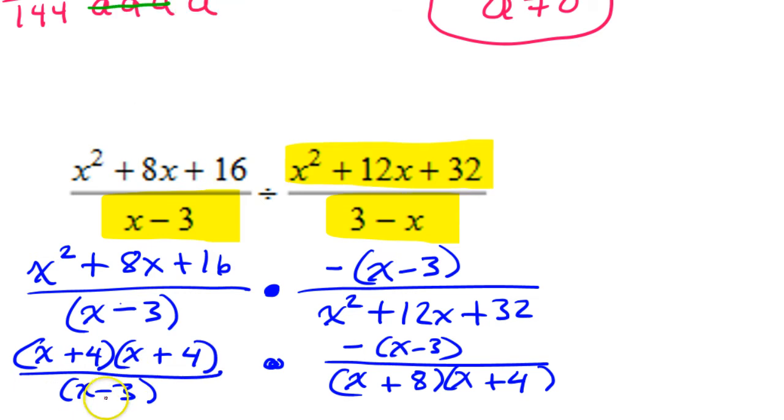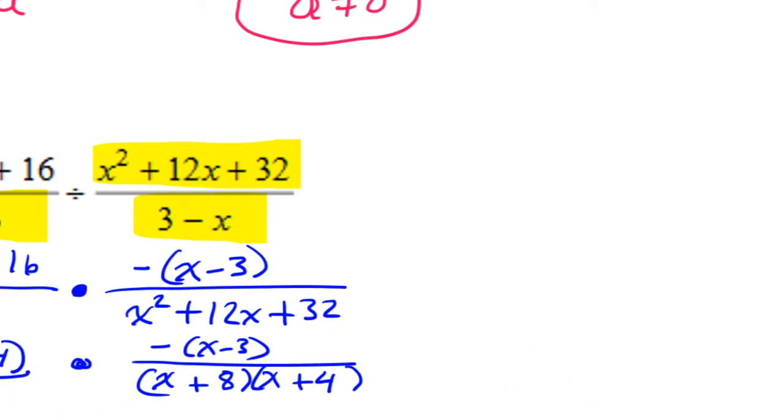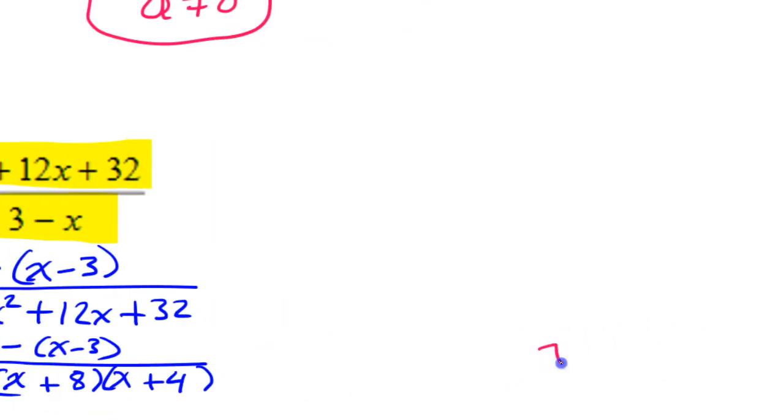I'm looking in the denominator here, but in the second fraction I'm looking in the numerator and the denominator. So looking at this x minus 3, that tells me that x cannot equal positive 3.